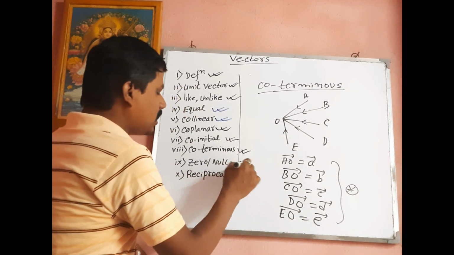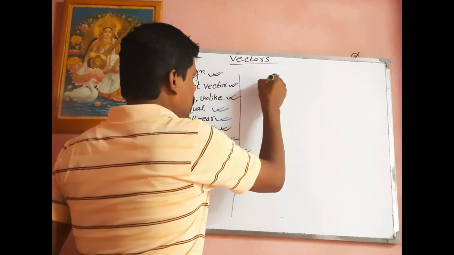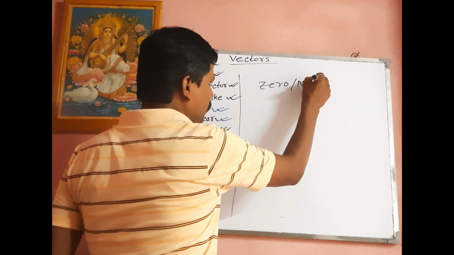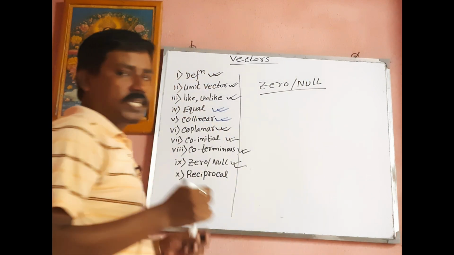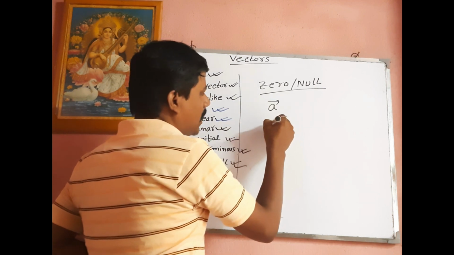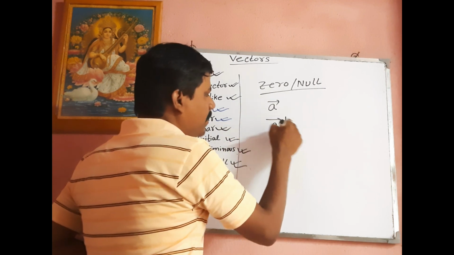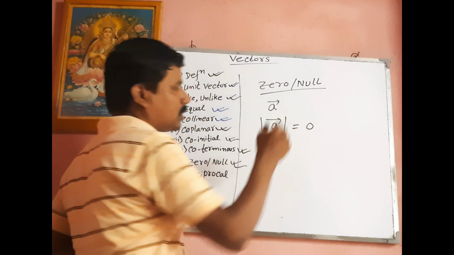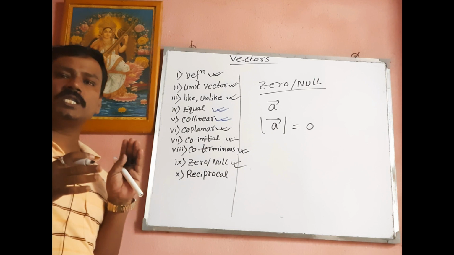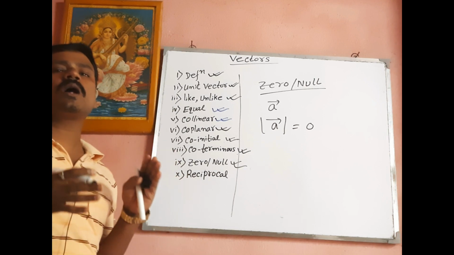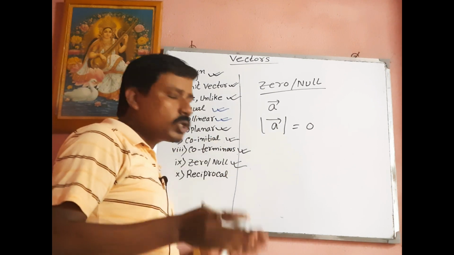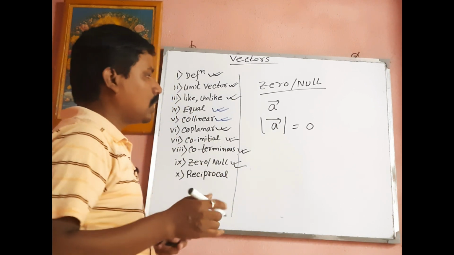Now we are discussing the zero vector or null vector. The zero or null vector means, suppose A is a vector. If the modulus of A is 0, or the magnitude of the given vector is 0, then this vector is called a null vector or zero vector.